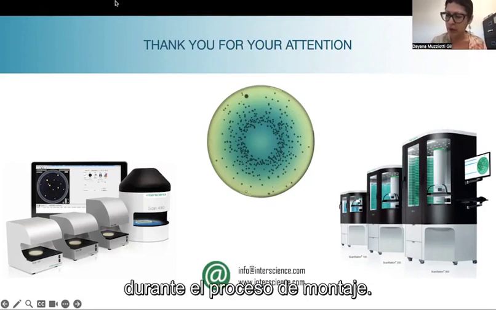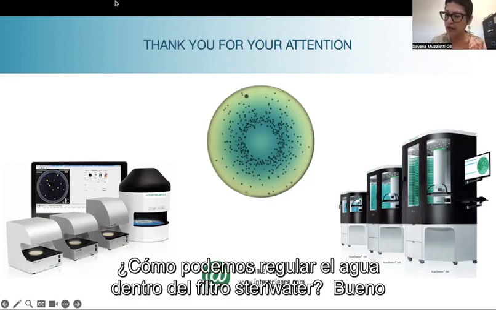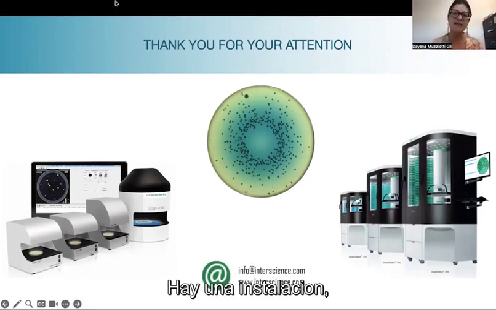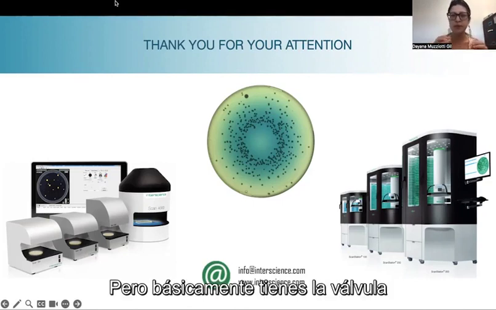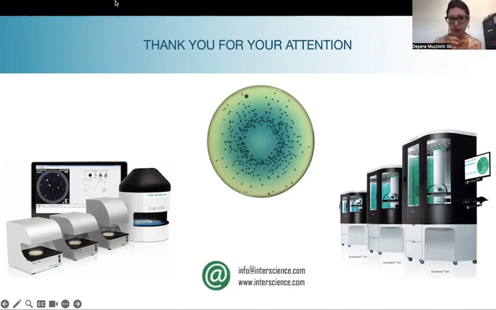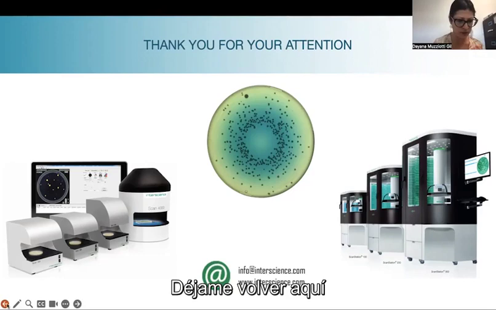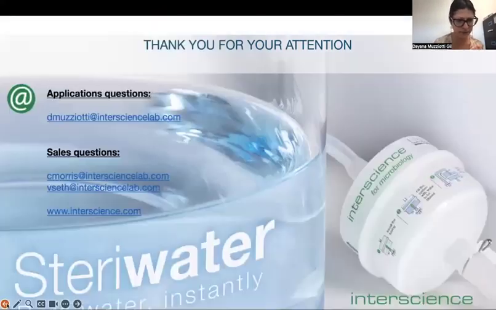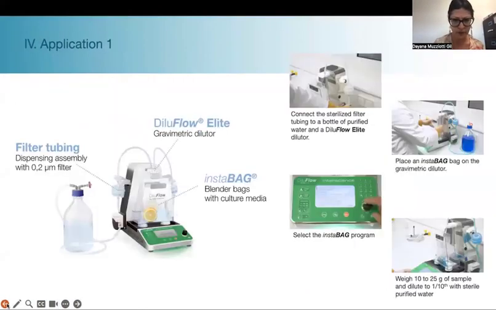During the assembly process, how can we regulate the water inside the steady water filter? Well, there is an installation procedure. It's super short, but basically you have the valve on the steady water. Let me show you an image.